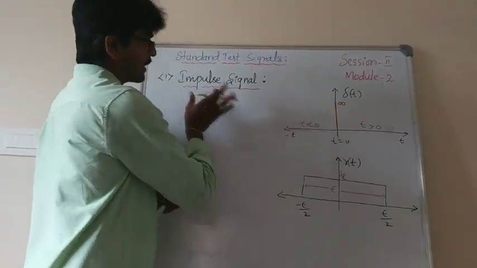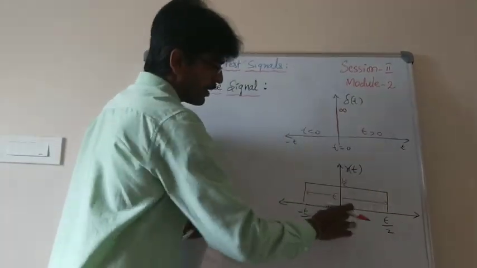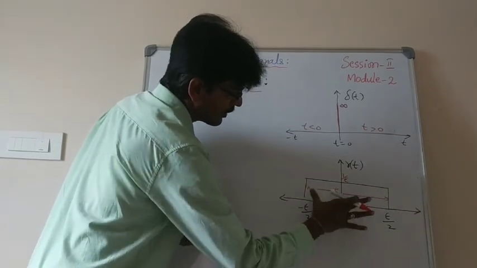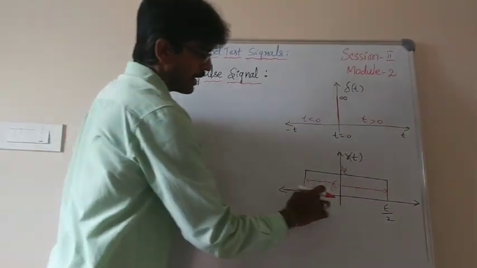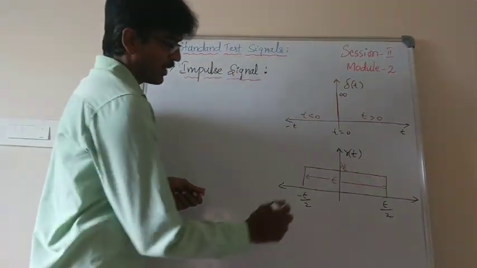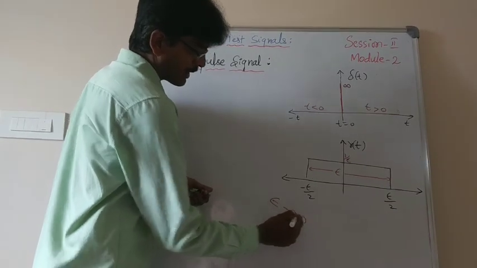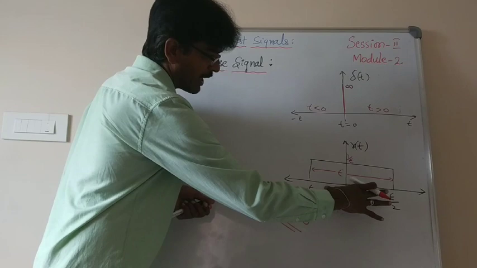So, this impulse signal can also be represented by a short duration pulse. Here you can observe the width is epsilon, the height is 1 by epsilon, and these are the limits. Now, suppose I make epsilon tend to 0, what happens?